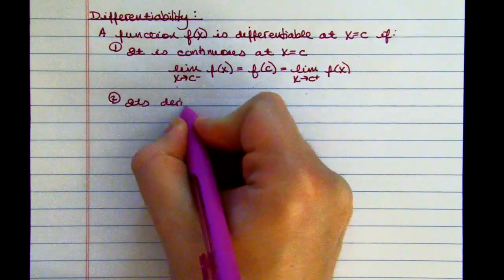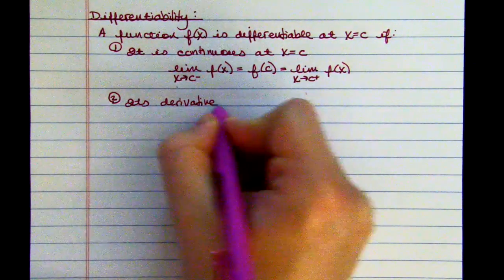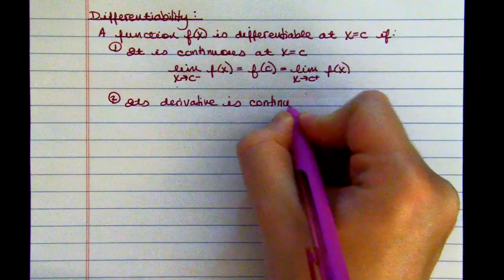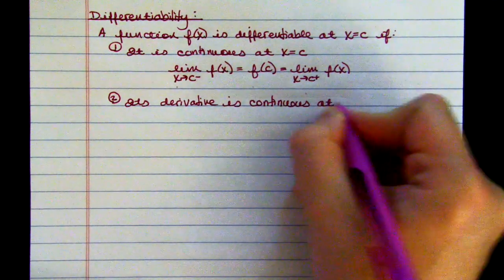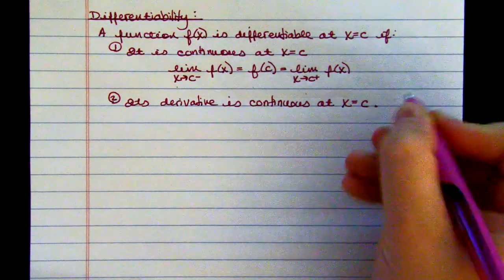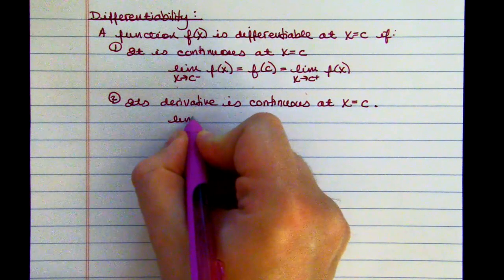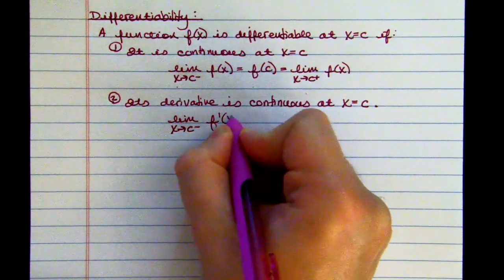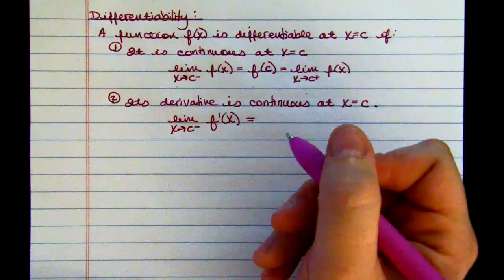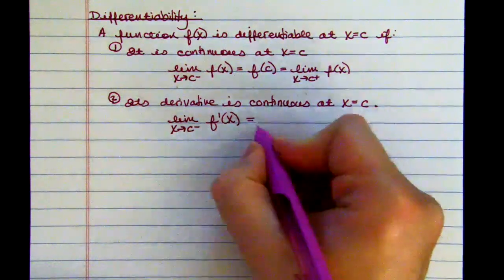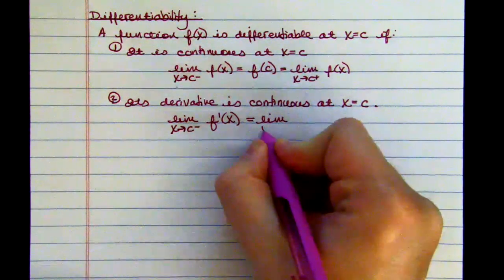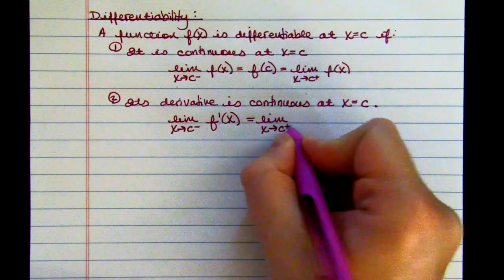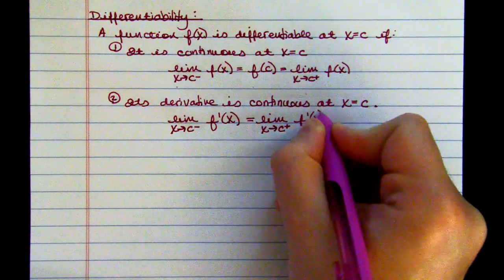Its derivative is continuous at x equals c, which means the limit as x approaches c from the left of f prime of x is going to equal, actually I'm not going to say f prime of c, we'll talk about that later. It's just going to be a two-part equation. The limit as x approaches c from the left of f prime of x equals the limit as x approaches c from the right of f prime of x.